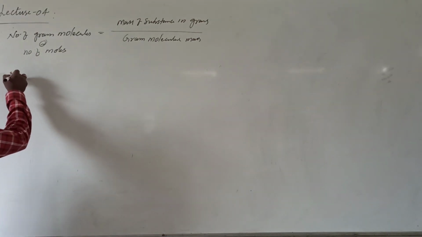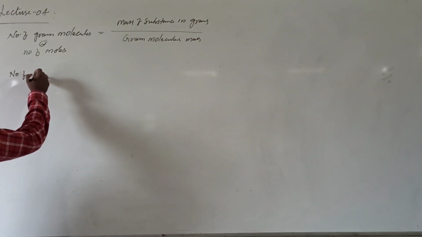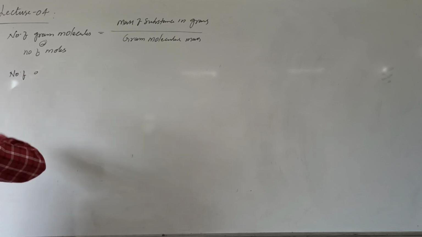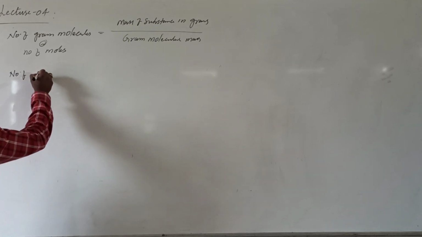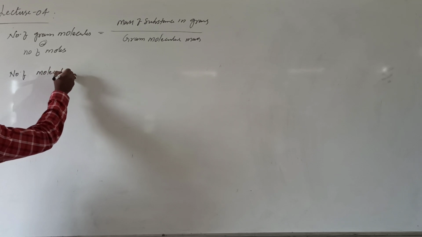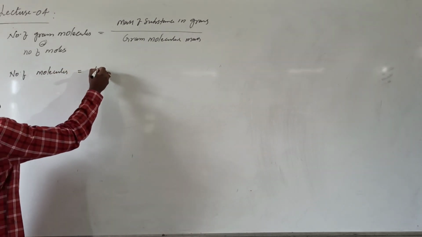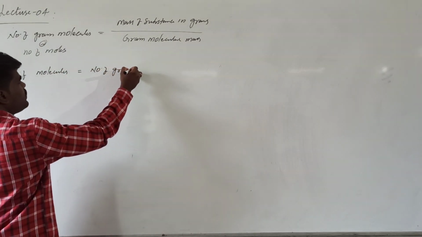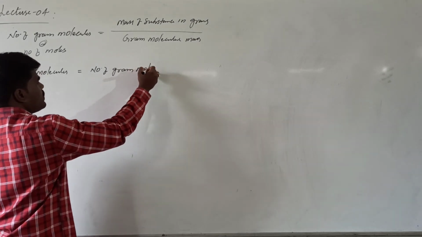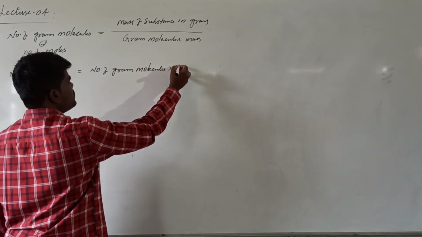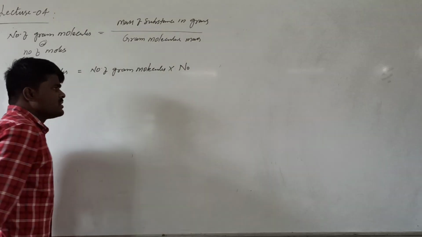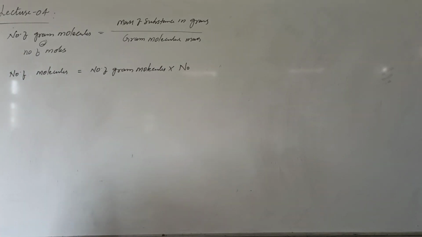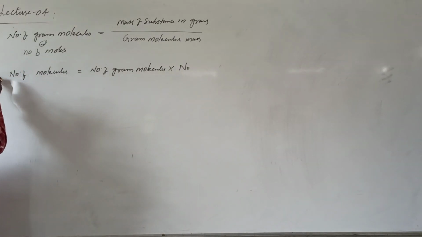Now, number of molecules is equal to number of gram molecules into Avogadro number. What is this? Avogadro number. Right? This is the first thing you can ask, this is the second thing.